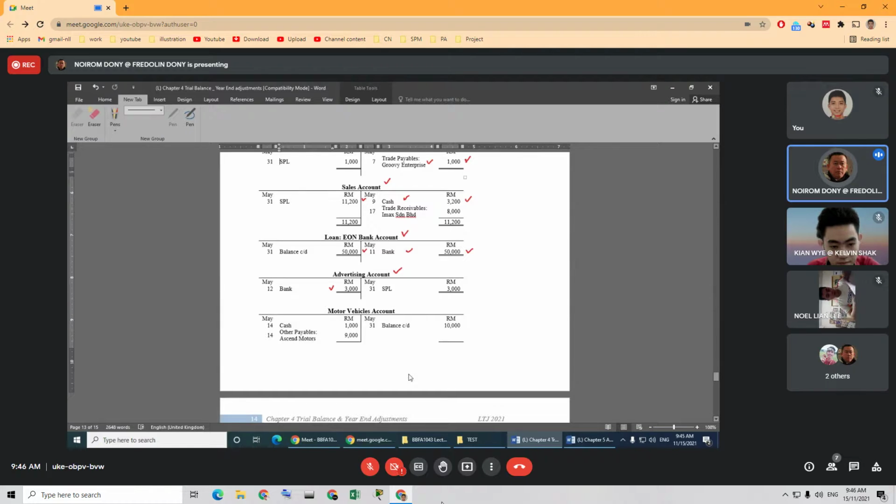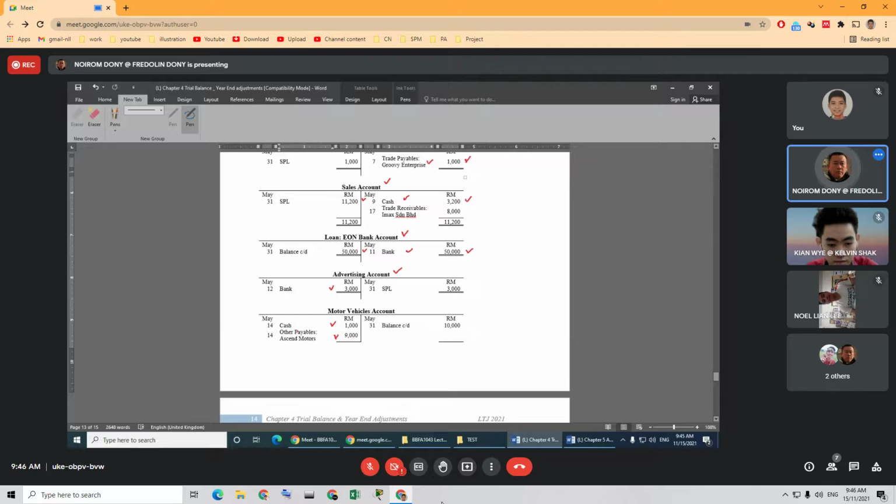Delivery van under motor vehicles. So increase of a debit item. So therefore, we record the net, the 10,000. Out of the 10,000, 9,000 is from other payable, and the other 1,000 is coming from cash.